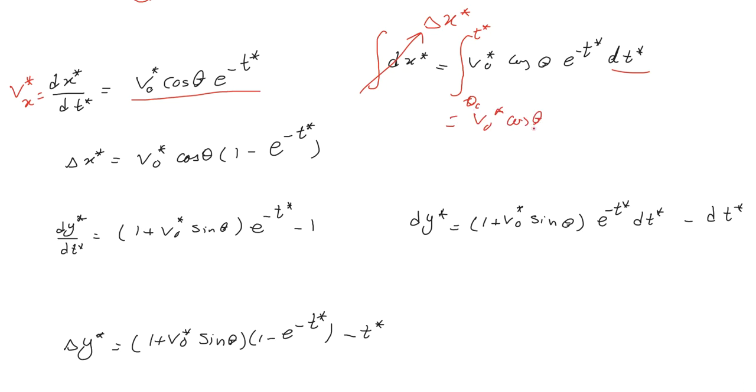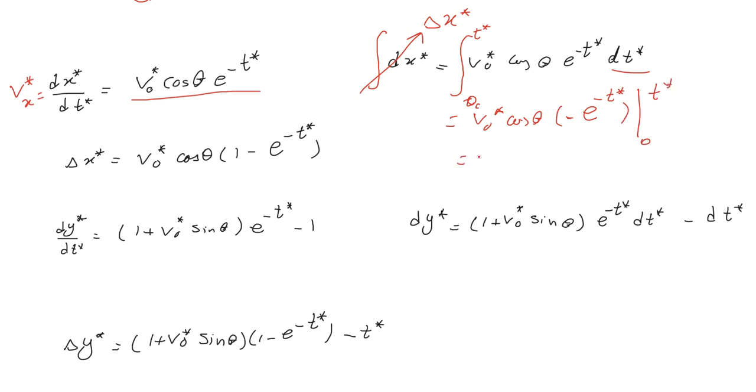The theta here is the angle of the initial velocity, right? So v naught star cosine of theta, and then this becomes minus t star, right? And from 0 to t star.